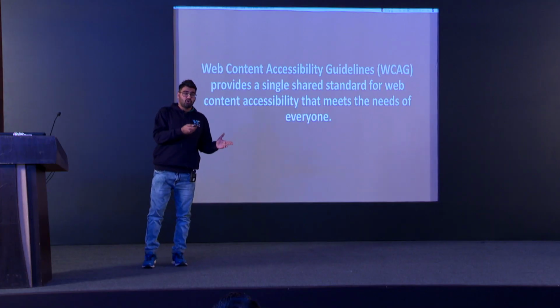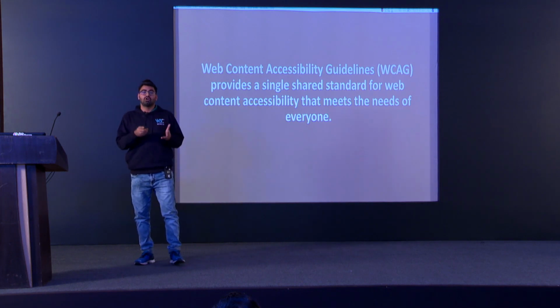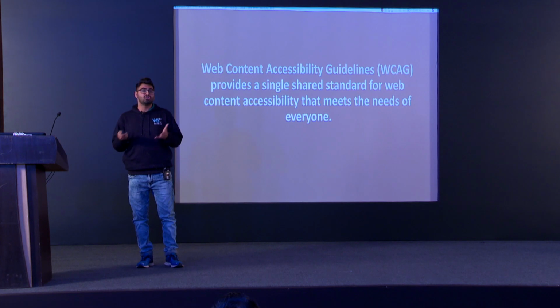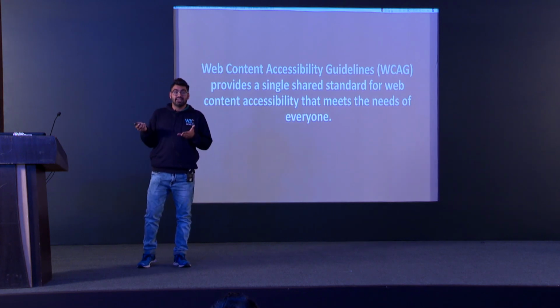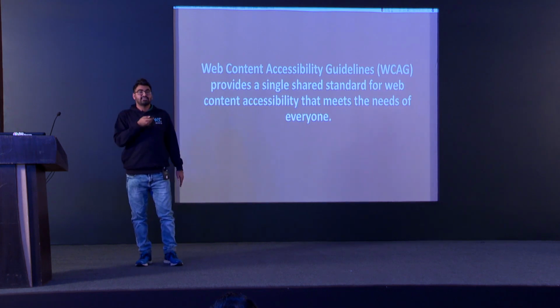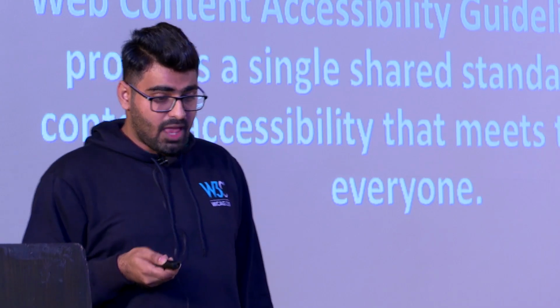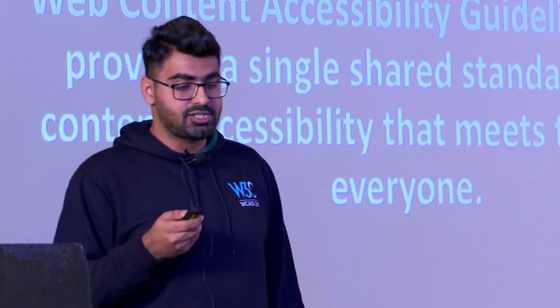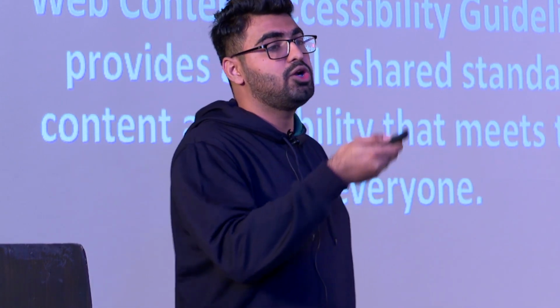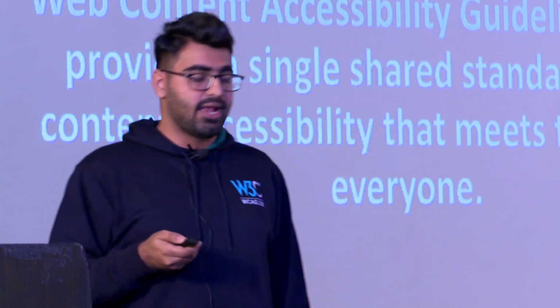And to solve the problem of ADA, or any act, maybe one that will be in India in future, or maybe in Singapore, or in the US or UK, these guidelines apply to all. So we are going to look at these guidelines today, and we'll see how we can make our websites more accessible to our users using them.